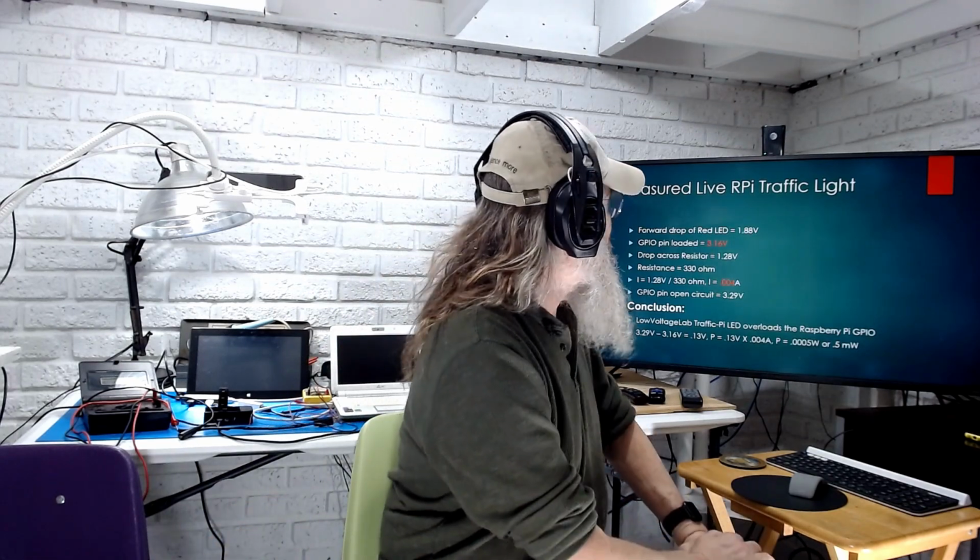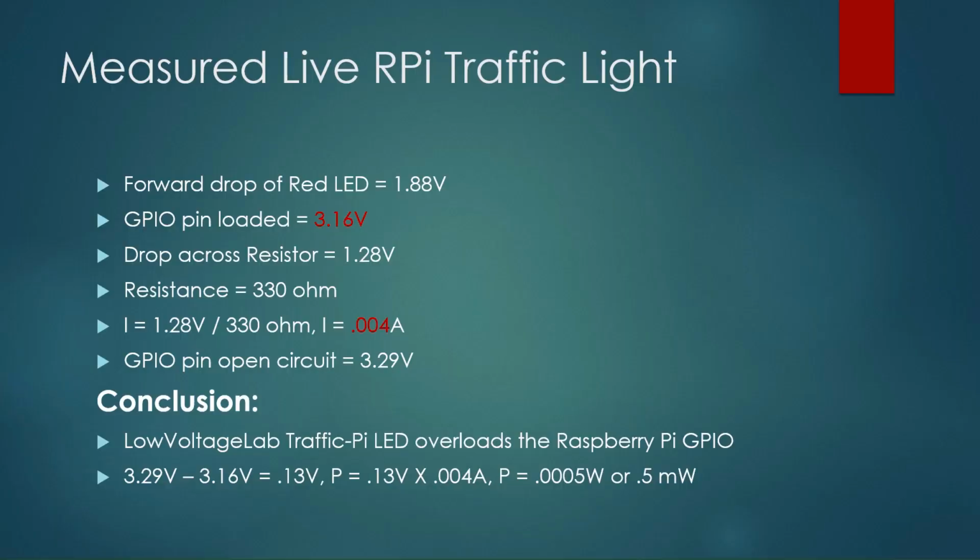So the next thing I did is I measured a live Raspberry Pi traffic light, and I found that across the red LED, I had a forward drop of 1.88 volts.